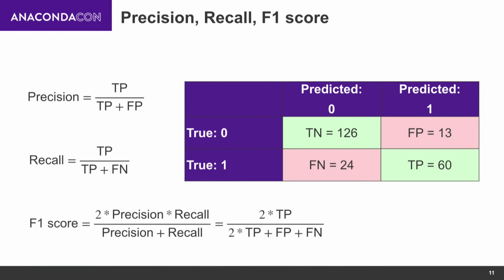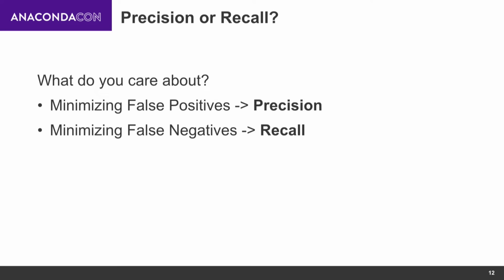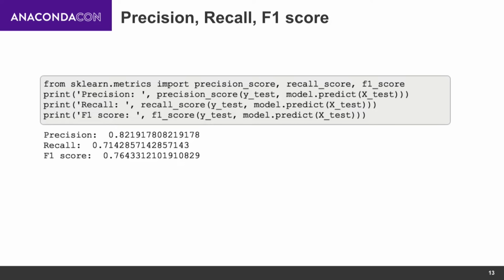So depending on your business problem, you might care not only about accuracy, but also about precision if you want to minimize false positives, or recall if you want to minimize false negatives. And these are actually, unlike the confusion matrix, numbers which you can compare. You can get them easily from scikit-learn metrics, the same way as we got the confusion matrix, by passing the actuals and the predictions.